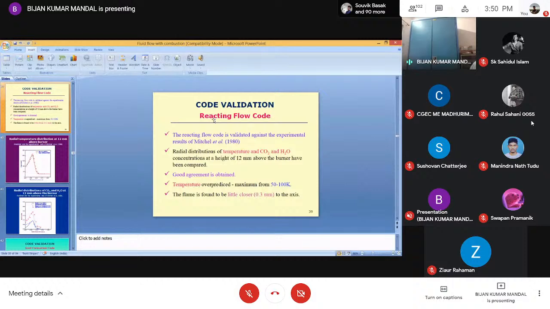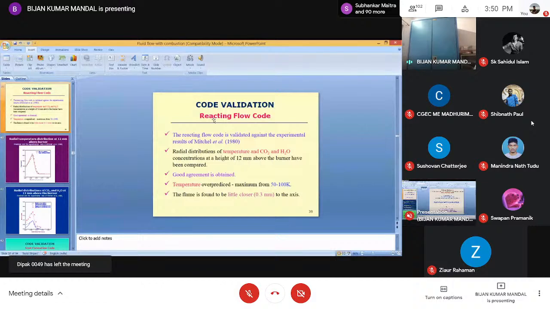Now another thing is that, as I told you, the experiment will give you the most accurate results if you can do it properly with proper equipment. And whatever code you are developing, there are some uncertainties. That means you are not able to consider all the things. You have to compromise somewhere.